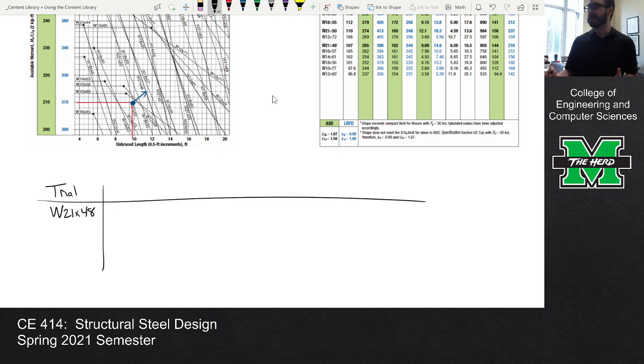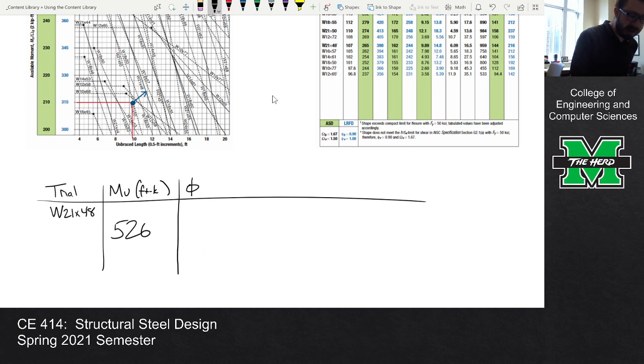Now what I'm doing is comparing the Mu of 526 against the phi Mp. I'll not write a big 526, I don't want that to be unclear.